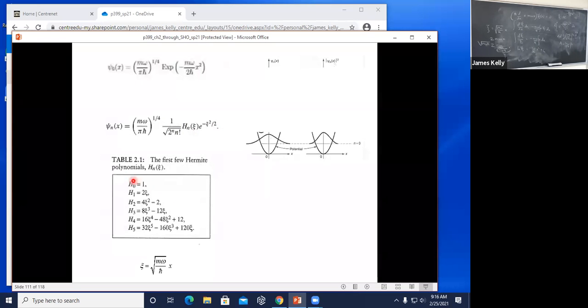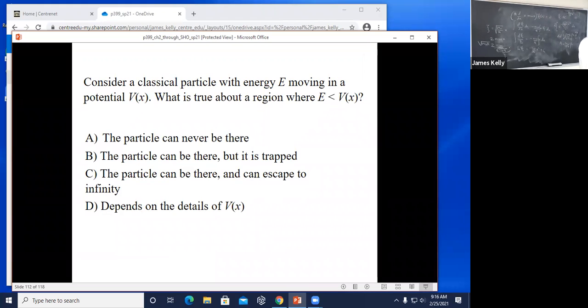The subscript of the h tells you the degree of the polynomial. So h4 is a 4th degree polynomial, and interestingly enough, they always have either all even or all odd powers of xi, or x if you write it in terms of x. Those are called the Hermite polynomials.